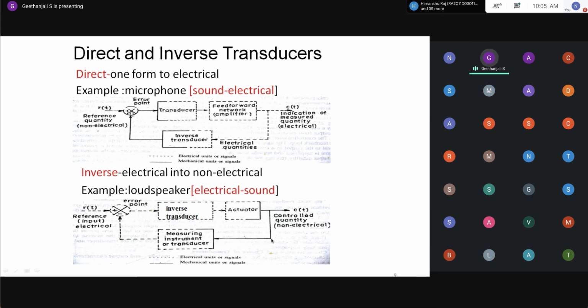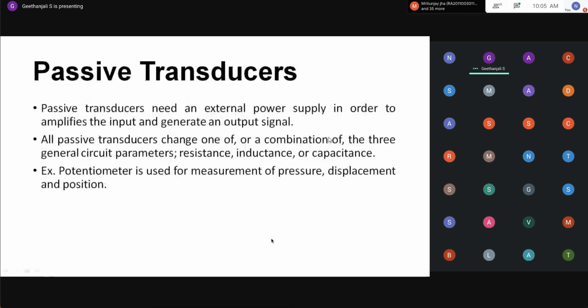So the input and output both are getting into this block, and the output of these two values alone is given to the transducer. So feedback, in the sense, we are taking some portion of the output and again giving that as an input. That is called a feedback.